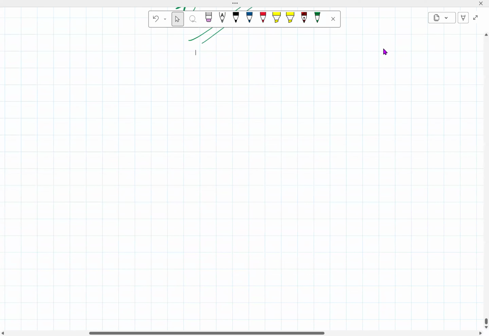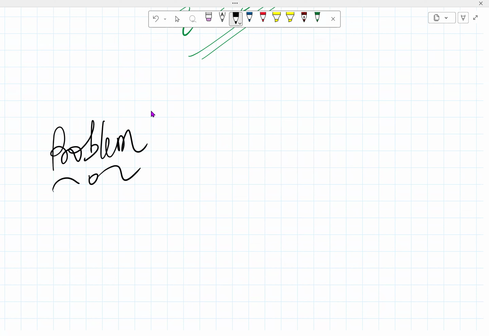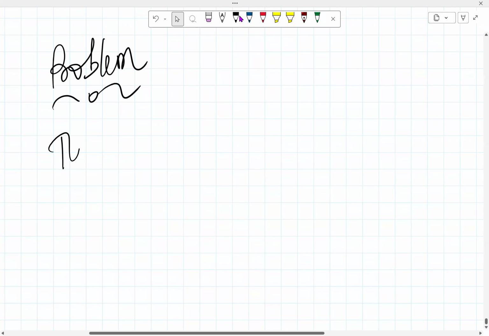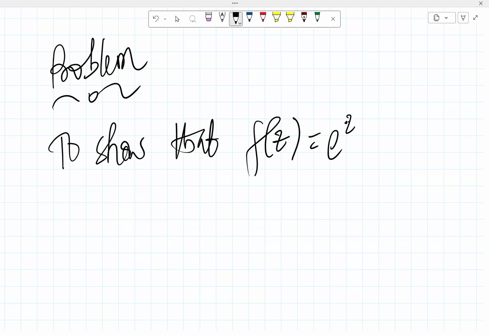So starting from problem six. So now we have problem six, and it is to show that f of z equals e raised by z squared is entire.